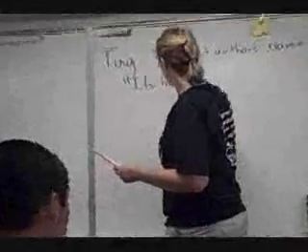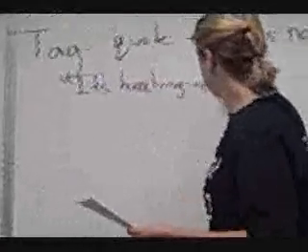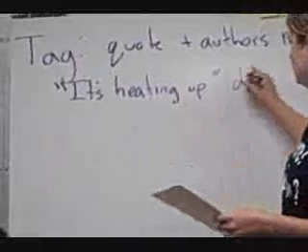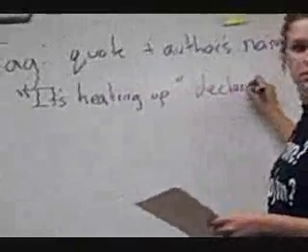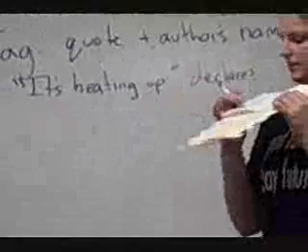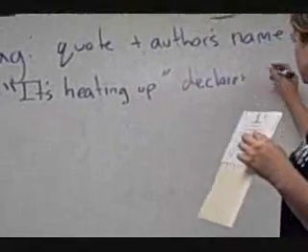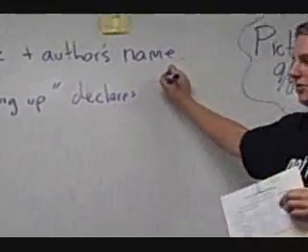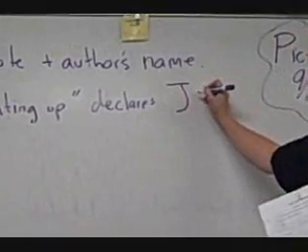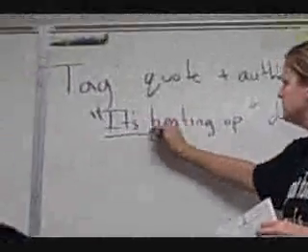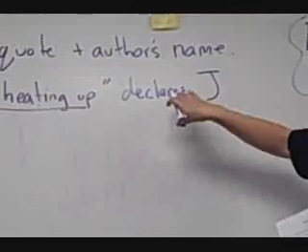Alright, so one example is, it's heating up. You're going to write it under where it says tag. Declares, and I'm not going to write Jacanowicz's whole name. I'm just going to put a J. So I said the quote. I said how she said it.